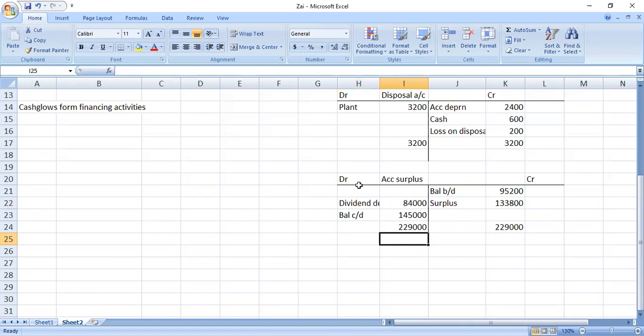So meaning that what was actually declared is what was the real paid dividend. Hence, we confirm that here, this is the dividend paid. And dividends paid, we all know that they go under financing activities. So you come and say dividend paid. How much? It was 84,000.